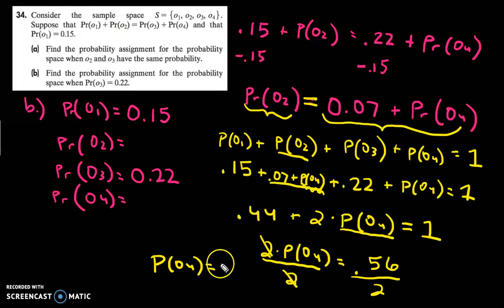So 56% divided by 2 is what, 28%? So we just figured out outcome 4 is 28%. And then I could come back here. I know that outcome 2 is 7% more than that. So what's 7% more than 28 is what, 35?